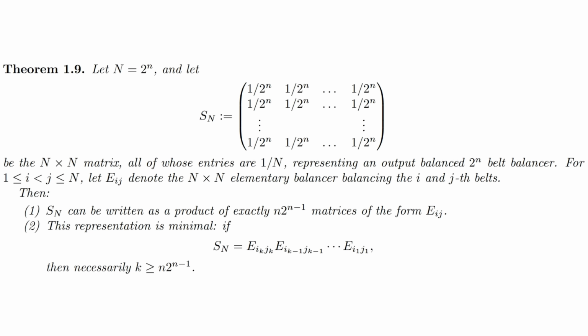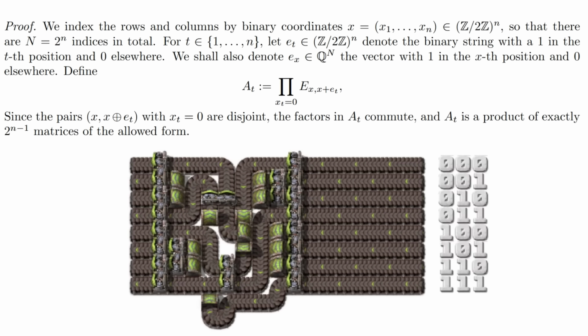Then we can conclude the matrix Sn can be written as a product of exactly n times 2 to the n minus 1 matrices of the form Eij, and this representation is minimal, in the sense that if Sn is equal to Eikjk, Eik minus 1 jk minus 1, all the way down to Ei1j1, then we necessarily have k greater than or equal to n times 2 to the n minus 1. Let us prove this theorem.